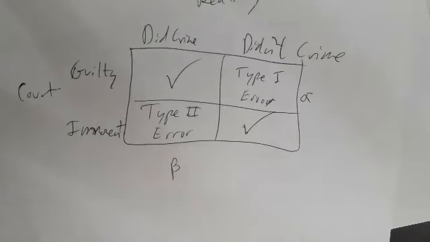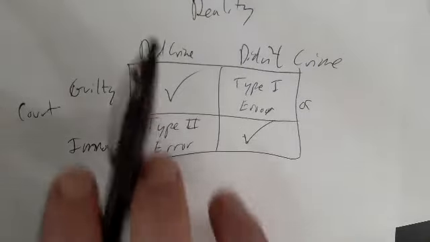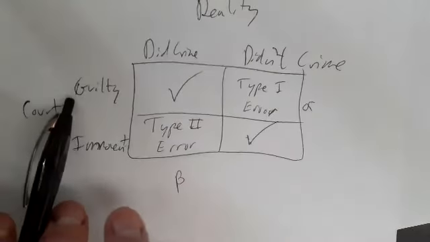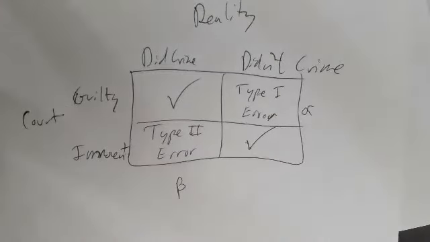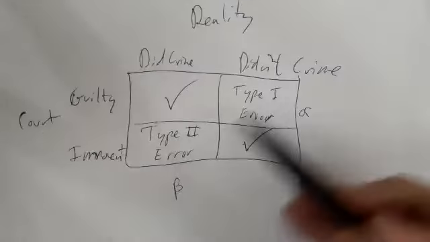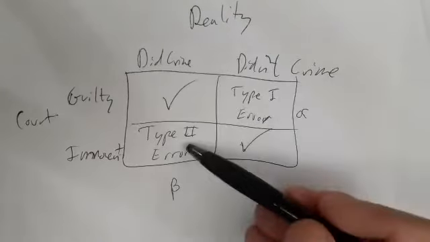This is probably pretty similar to the drug test. They did drugs or didn't do drugs, and the test came up positive or negative. We have the same sort of error happening here. In our court system, you're innocent until proven guilty. If we think about these two types of errors, there is a trade-off.